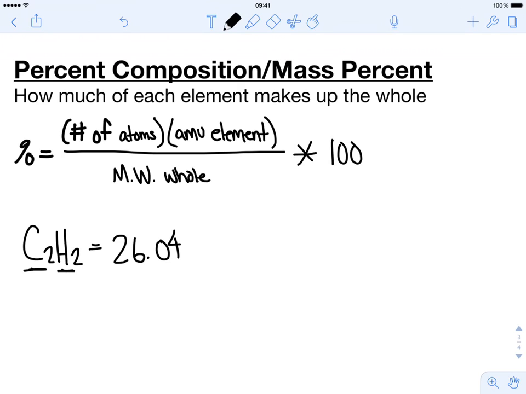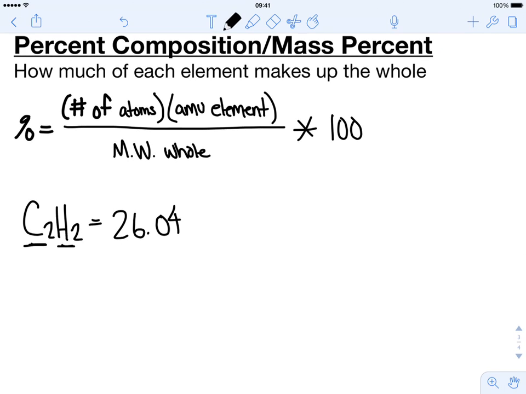So we need to find out what percent of this ethane molecule is carbon and what percent of this ethane molecule is hydrogen. And we do that by using this formula above. So the formula is mass percent is equal to the number of atoms times the atomic mass of that element divided by the molecular weight of the entire molecule.